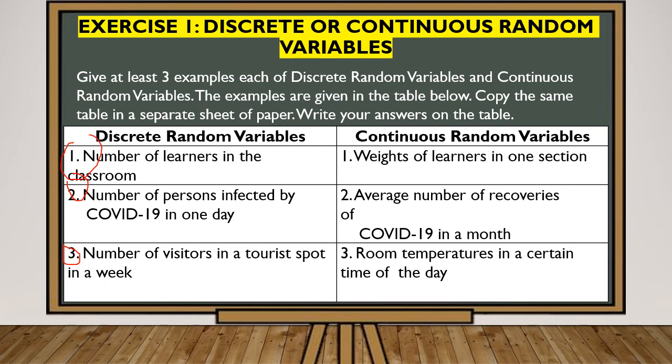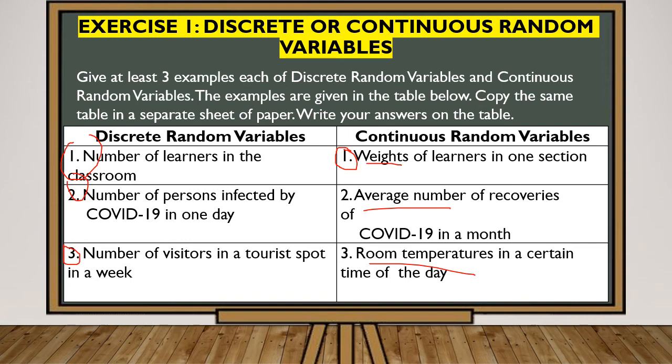Also, in the continuous random variable, you have to give your own three examples. These are examples for your reference: weights of learners in one section, average number of recoveries of COVID-19 in a month, room temperatures at a certain time of the day.